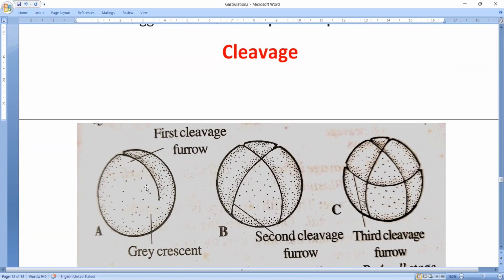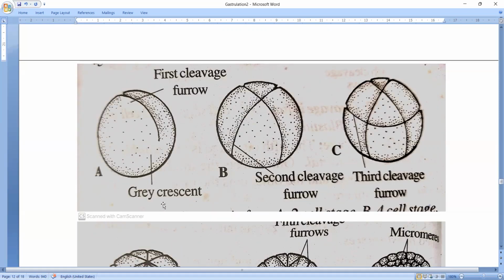So this is the meridional plane, which bisects the zygote into two blastomeres. The second cleavage furrow is also meridional to form 4 blastomeres. And the third one is very, very important.